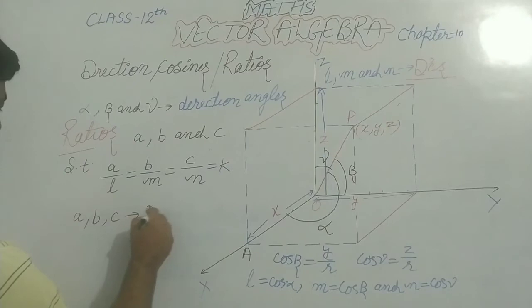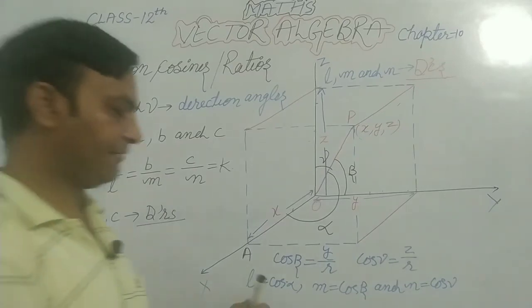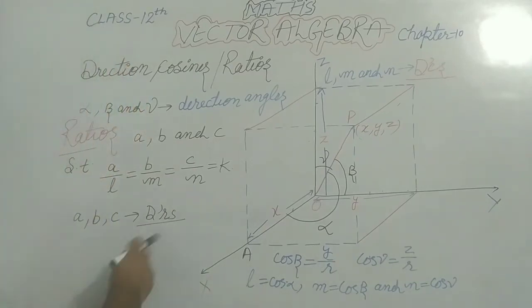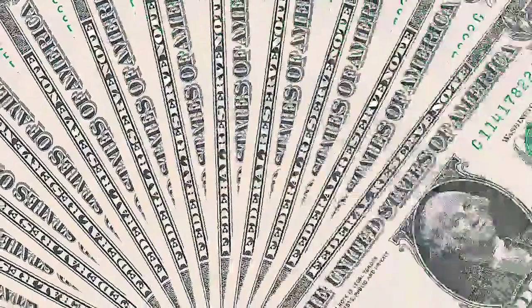These are the direction ratios, and we can write in short DRs. So this is the basic concept of direction cosines and direction ratios.